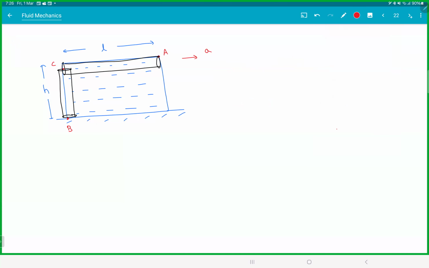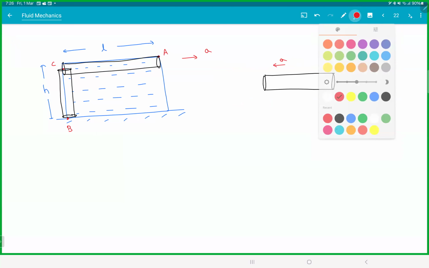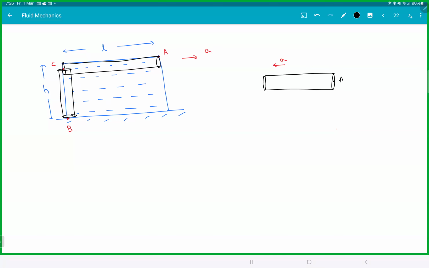So when you're traveling from A to C, the pseudo force, it looks like, is backward. If you stand on the frame, the pseudo force will be backward. So you can directly write PC will be PA plus rho, a times L. Just give me a minute.